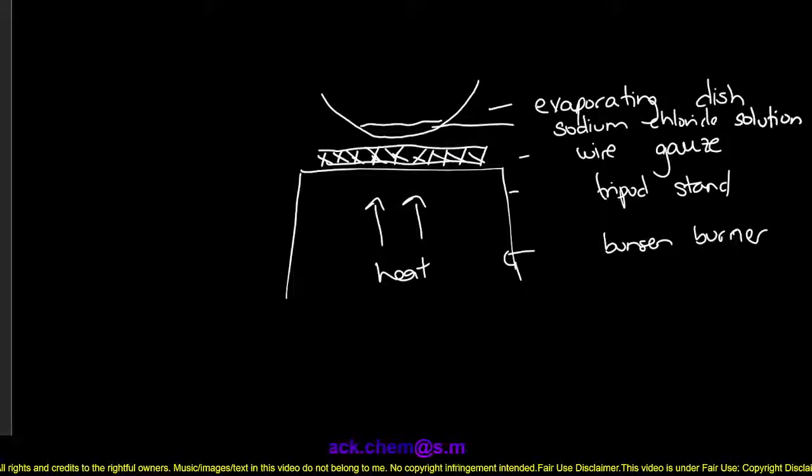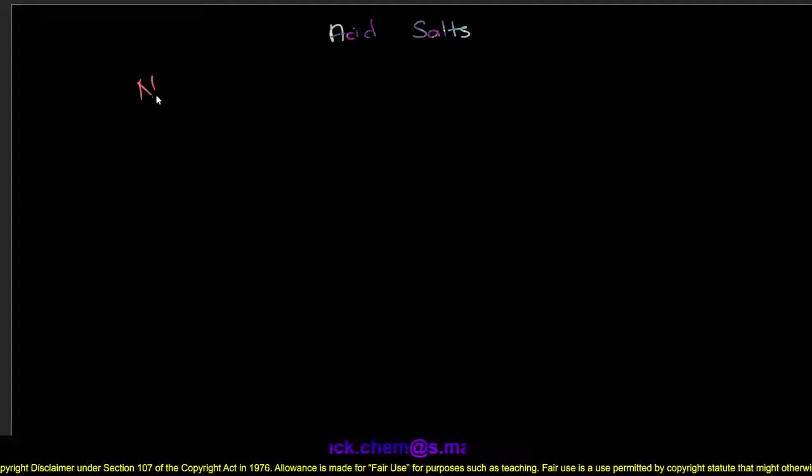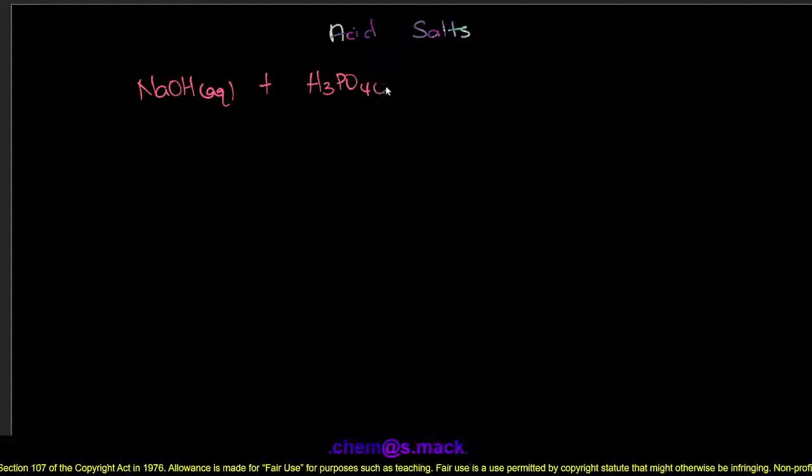Let's look at the formation of the acid salt expected when phosphoric acid reacts. We will start by looking at the normal salt, which is formed between sodium hydroxide and phosphoric acid.